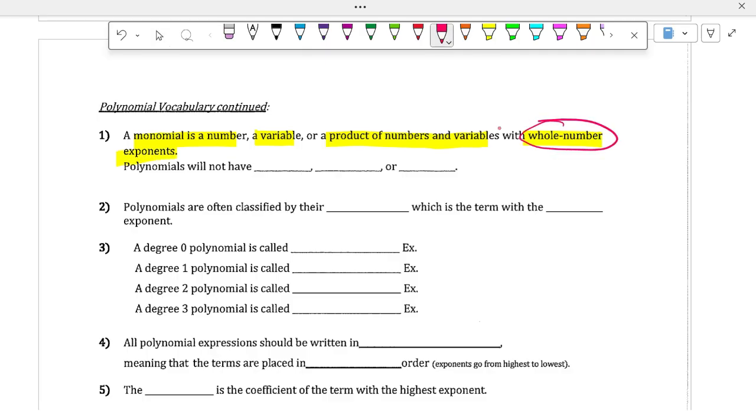Keyword whole number. That means no fractions, no decimals.